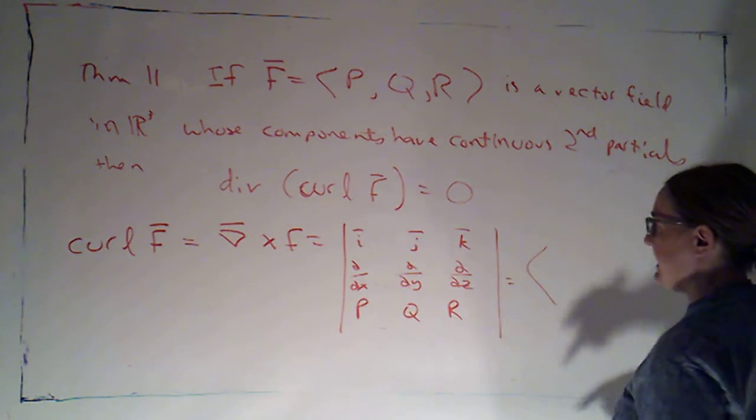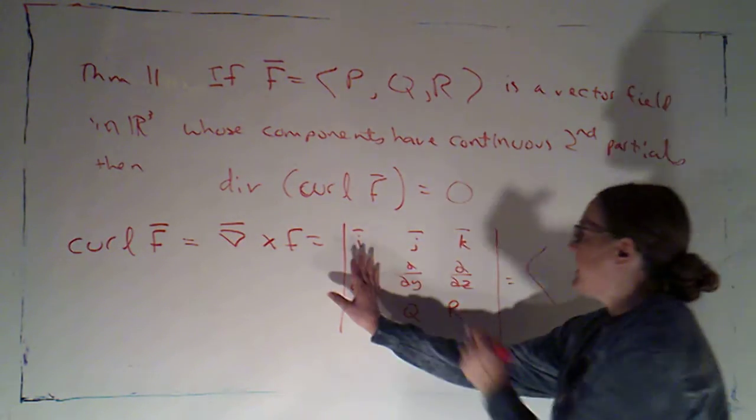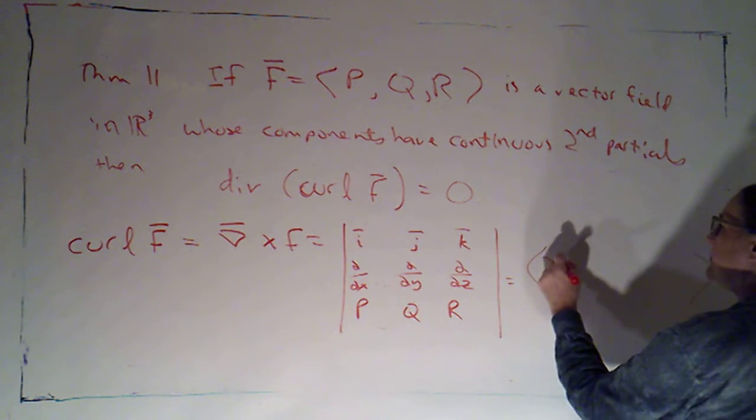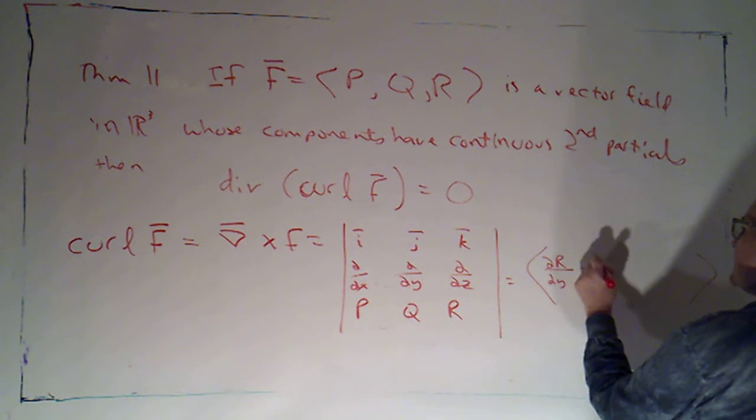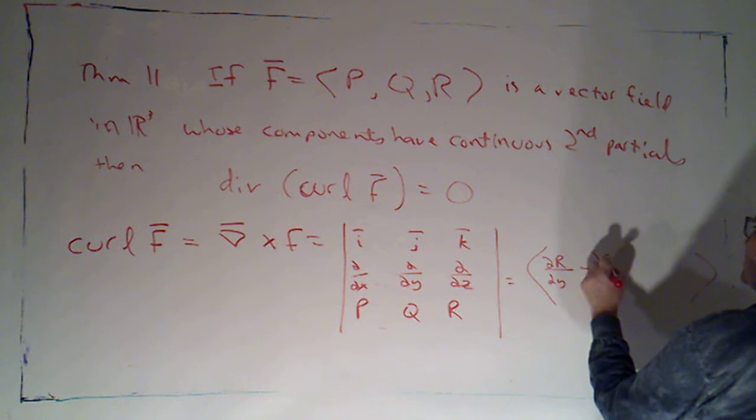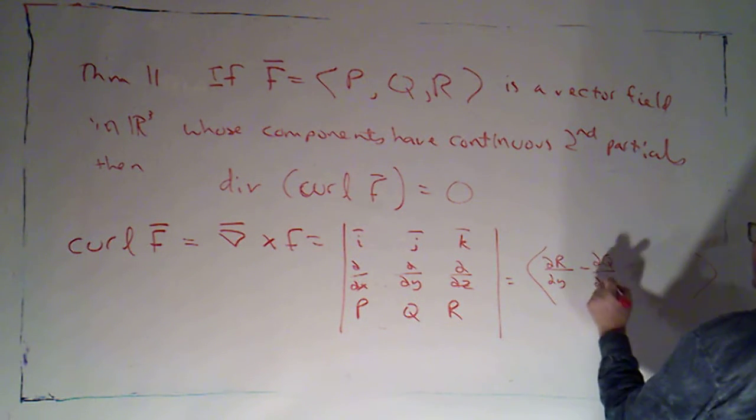So, let's see. If I look for the i's, I'm going to get the partial of r with respect to y minus the partial of q with respect to z.